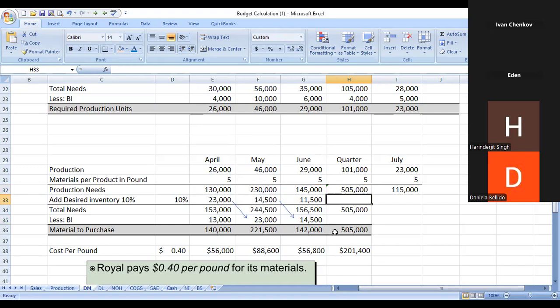We need to have the desired ending balance at the end of the quarter. And since we know that the quarter ends in June, that means we need to have those 11,500. Sorry, that's not minus, that should be equal. We need to have those 11,500 units. So in this case, again, the ending balance of the last month of the quarter becomes the ending balance for the quarter.